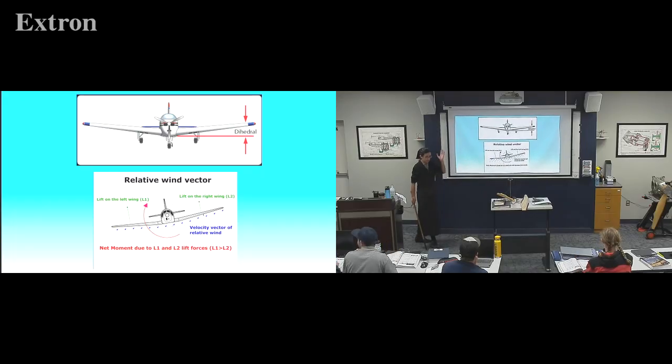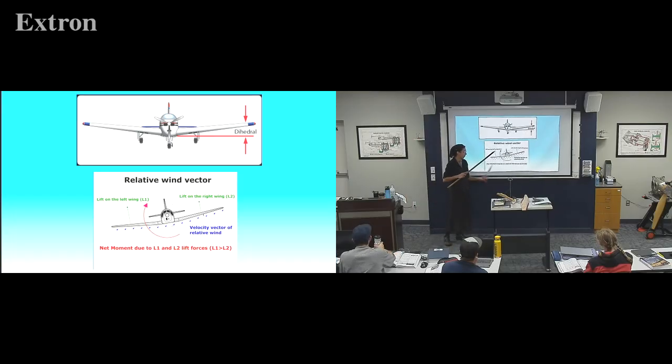There's a lot of physics that could go into this, but we won't. As this wing comes down, that's changing angle of attack, so lift is actually increasing on the down-wing side to bring that back up and stabilize itself out. And you'll learn a whole bunch more about dihedral in Ryan's class.